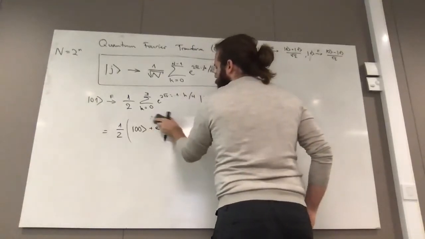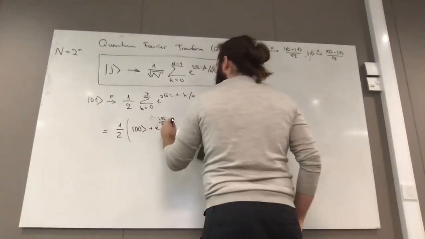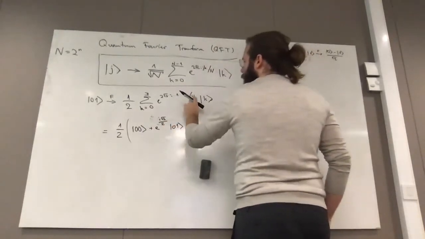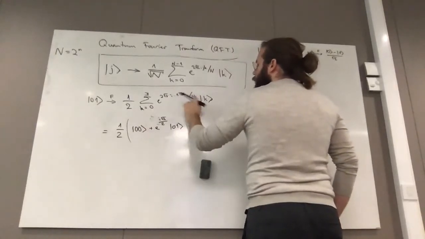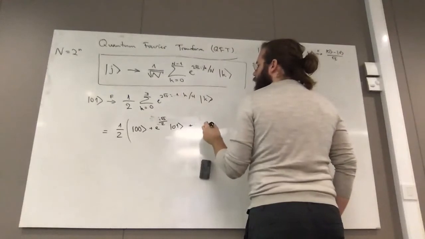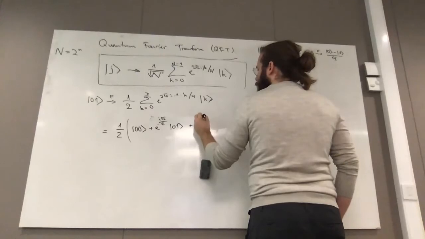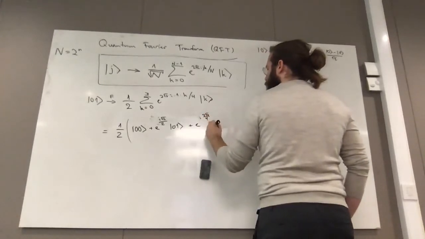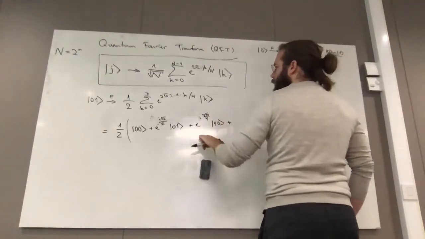That's supposed to be over 2. Sorry. I pi over 2, 0, 1. For the next one, we get 3 over 4, so it ends up being I times 3 pi over 4, 1, 0 in binary.